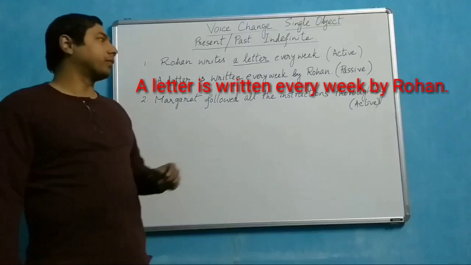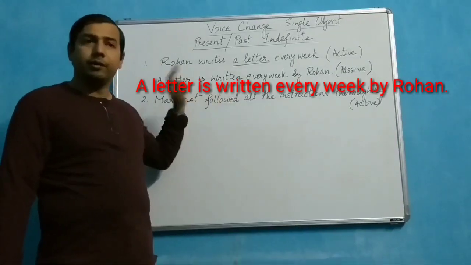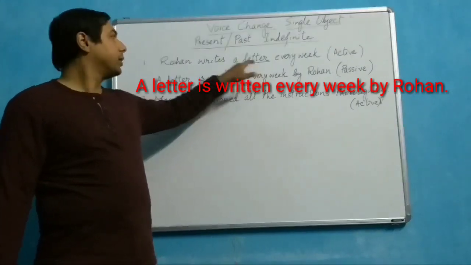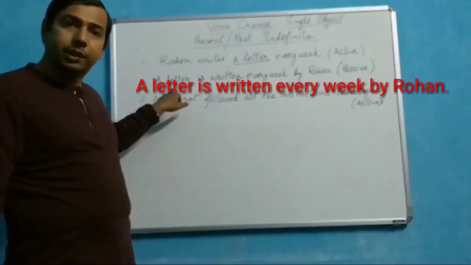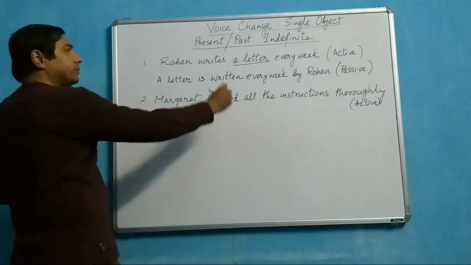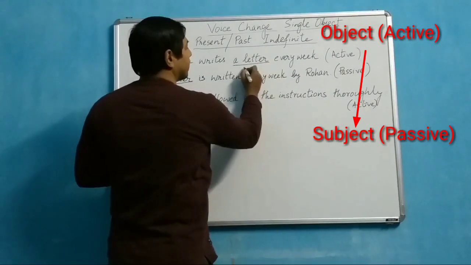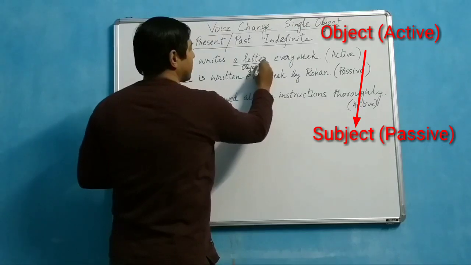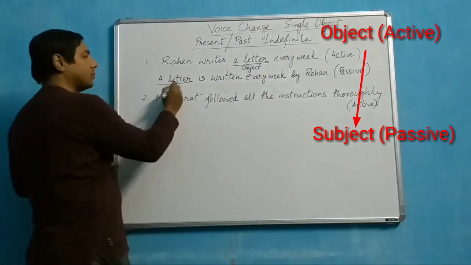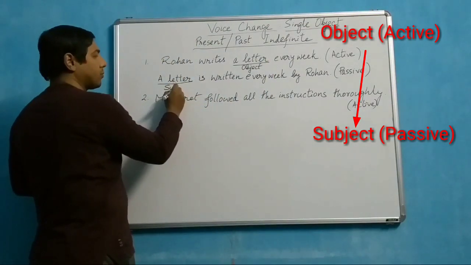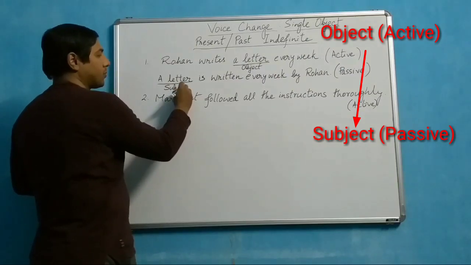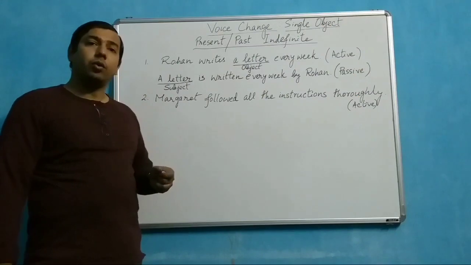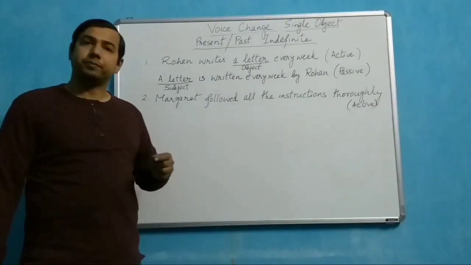As I have discussed before, the formula then is number 1, the object comes to the position of the subject in passive voice. Second, we need an auxiliary verb.